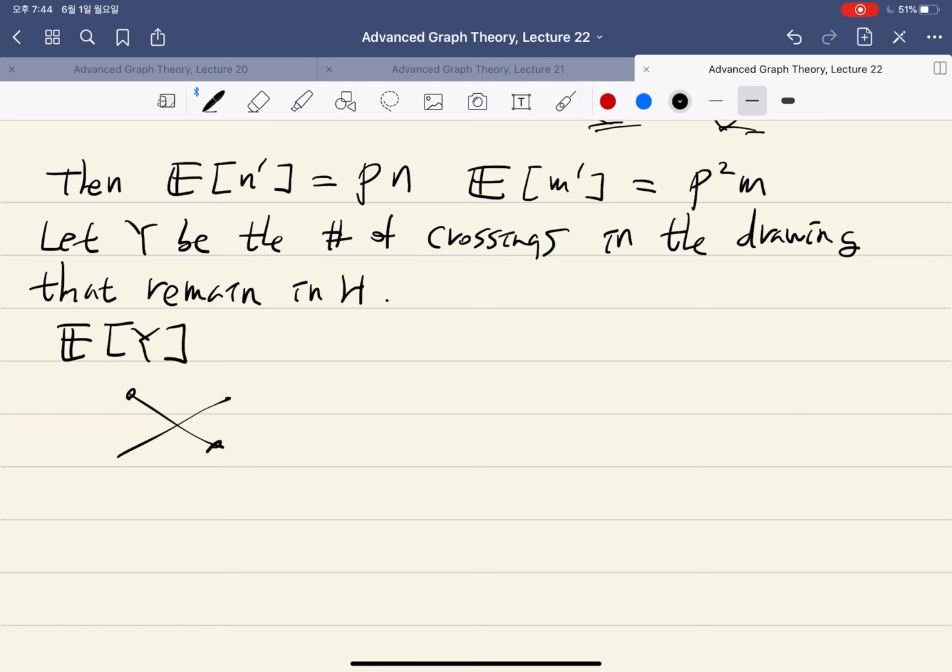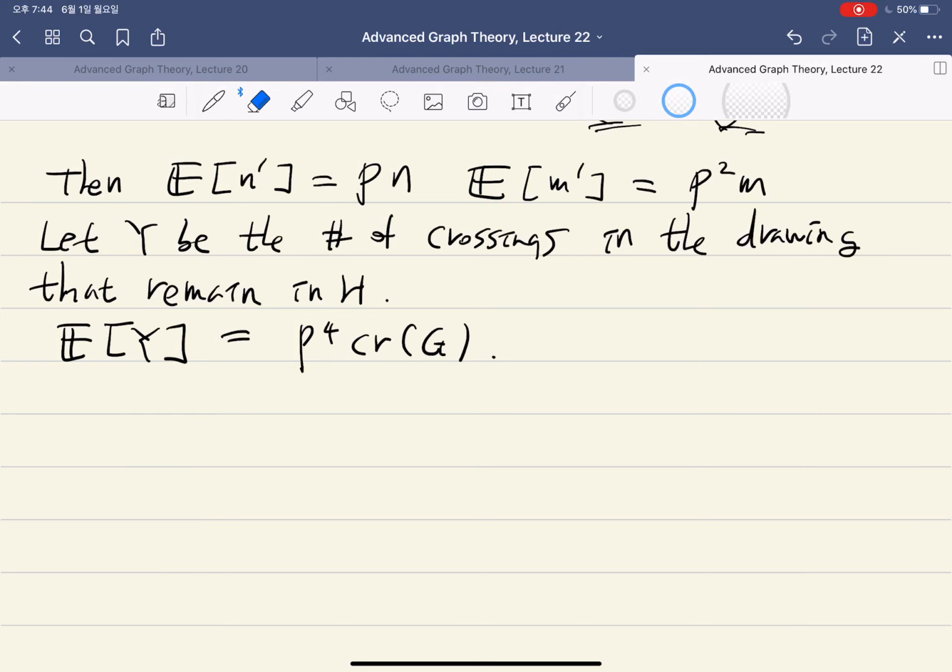For every crossing, the probability that it is still there in H is p to the 4, since every vertex has to remain. So the expected number of Y in H is p to the 4 times the crossing number of G.